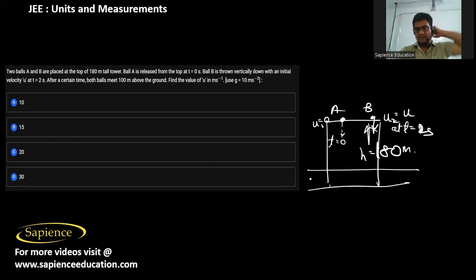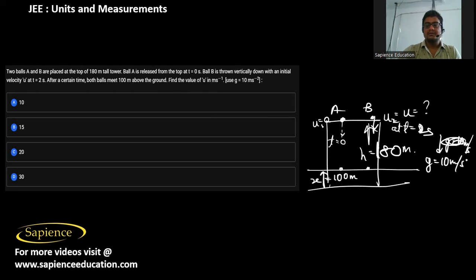Find the value of u in meter per second. So this u we have to find out. And it is given that we have to use g equal to 10 meter per second square.